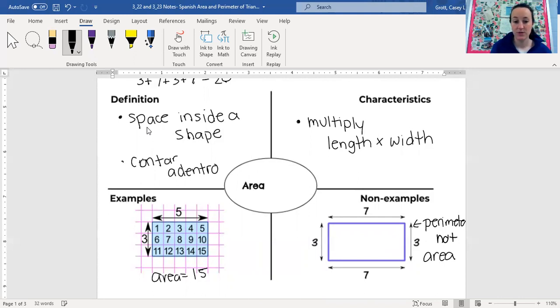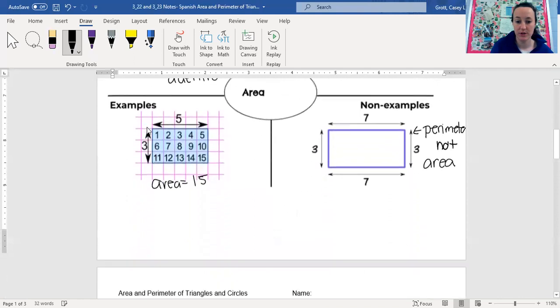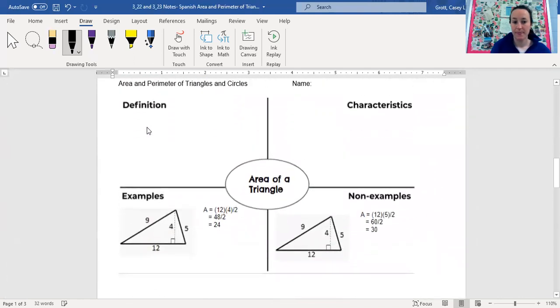So if you flip over, we're going to talk about area of a triangle. So area of a triangle, area is going to equal BH over 2, or 1/2 base times height.